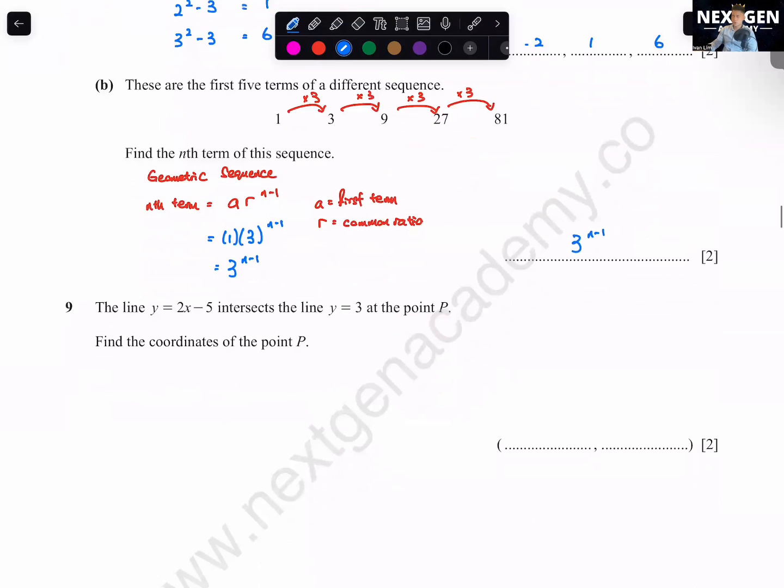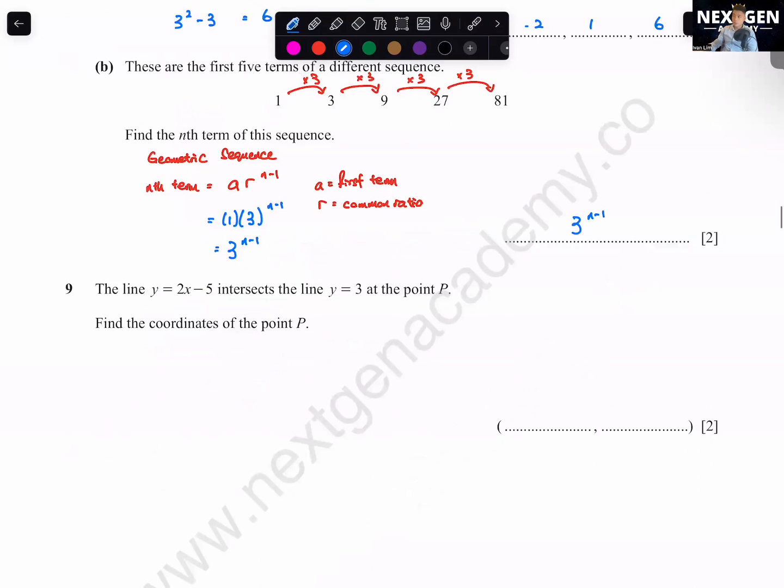Okay, let's go to question 9. The line y equals 2x minus 5 intersects the line y equals 3 at the point P. Find the coordinates of the point P. Okay, keyword here, intersect. Intersect means we do simultaneous equations.